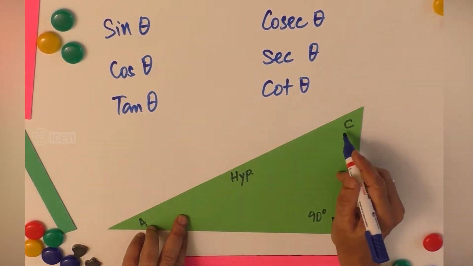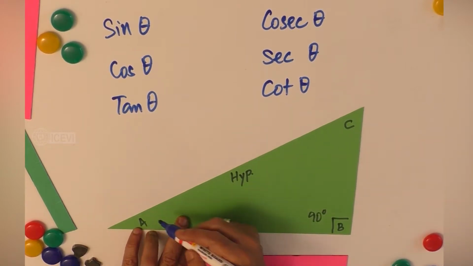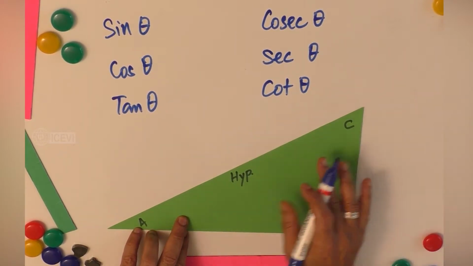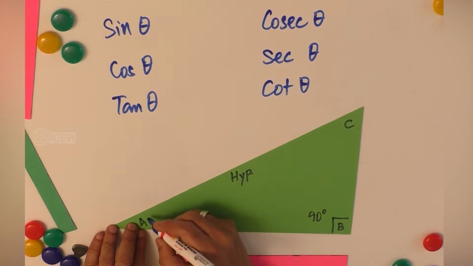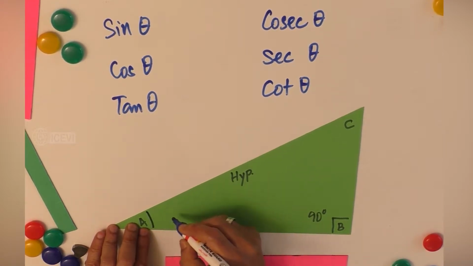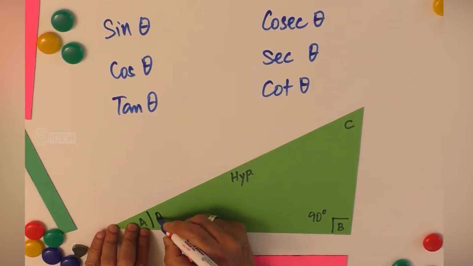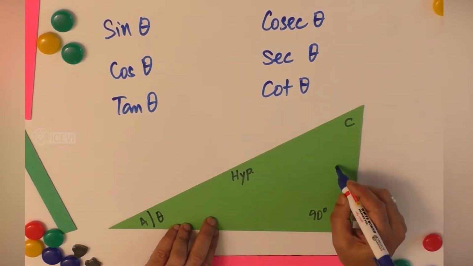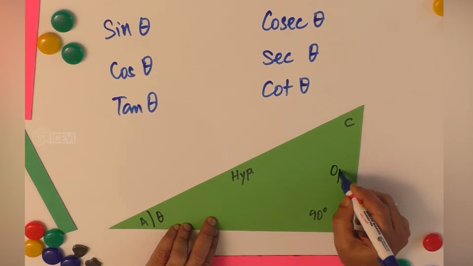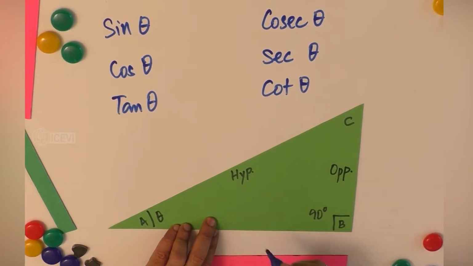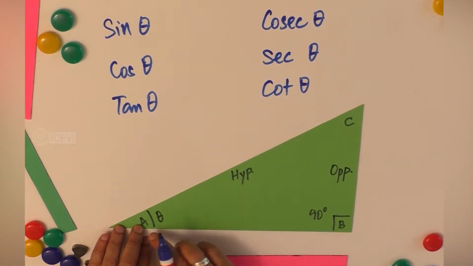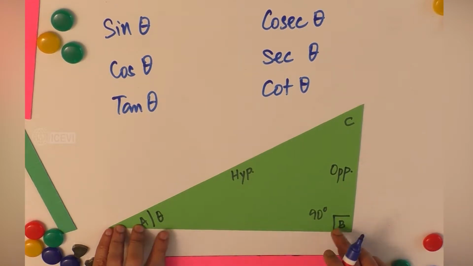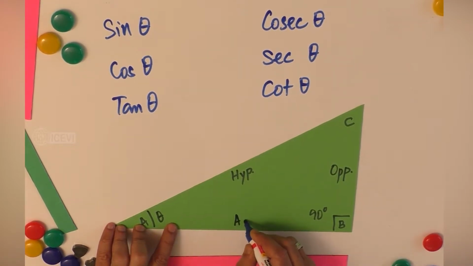The angles C and A are acute angles, less than 90 degrees. Let us call one of the acute angles theta. The side opposite to theta is called the opposite. Now, the side AB is called the adjacent.